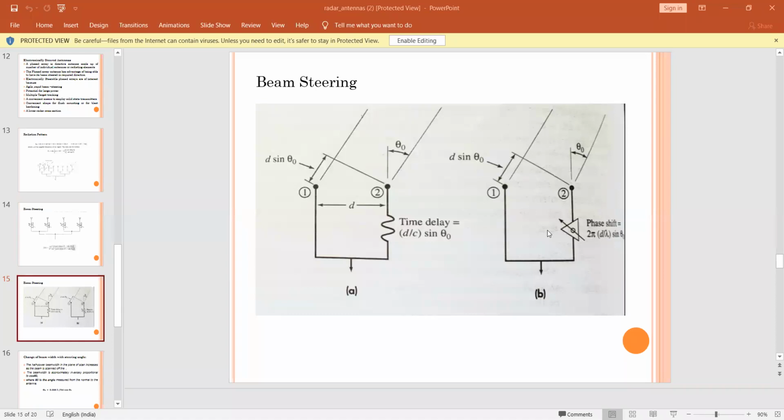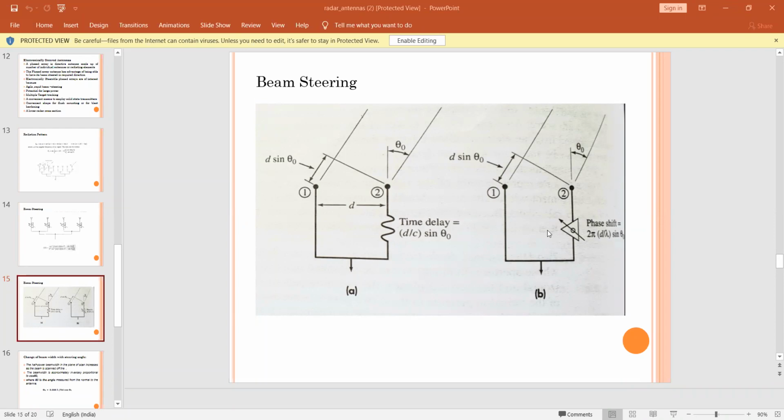You can note here the maximum of this pattern occurs when theta equals theta naught, where theta naught is the direction at which the main beam is pointed. So as before, the element pattern should multiply this equation to get the antenna pattern.